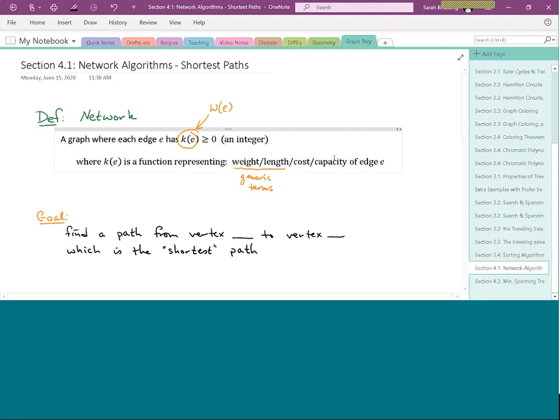The capacity here, if you're dealing with pipes, you could literally say, all right, I've got this network that's modeling the pipes in the water system of my city. Each pipe is a different size. So the pipe over there can deal with, I don't know, 30 gallons per second, and the pipe over in the other part of the city can only deal with 10 gallons per second of water. What do we do? Okay.